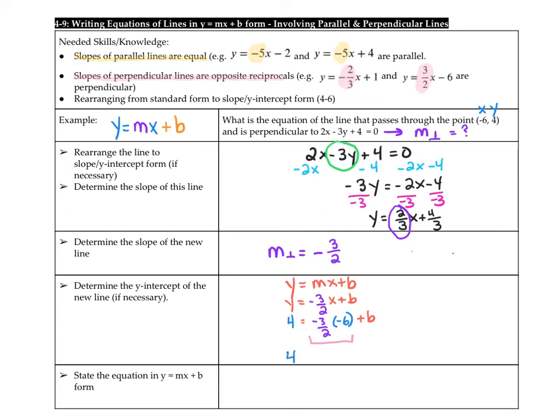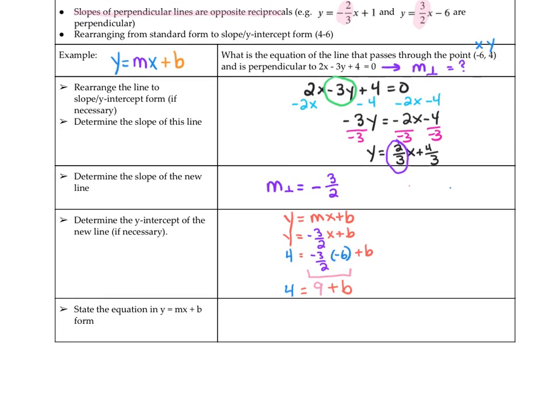So 4 equals 9 plus b. Then to solve for b, subtract 9 from both sides. And that gives you -5.